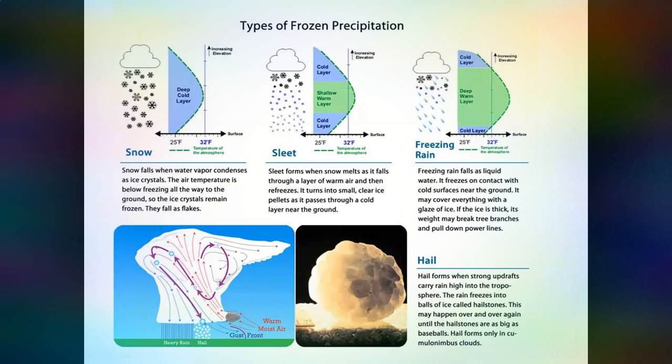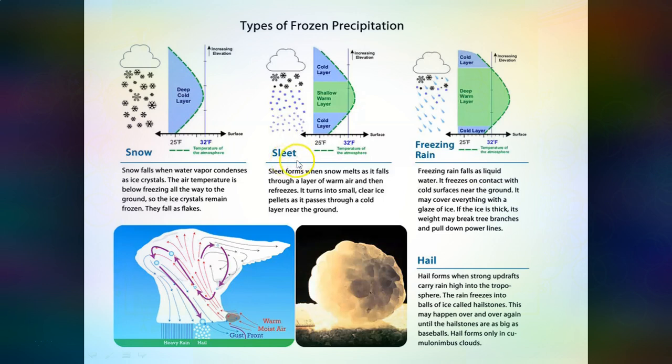First of all, what is rain? Rain is simply liquid falling from the sky. What is snow? Snow falls when water vapor condenses as ice crystals. The air temperature is below freezing all the way to the ground, so the ice crystals remain frozen. They fall as flakes, so these are the snowflakes.